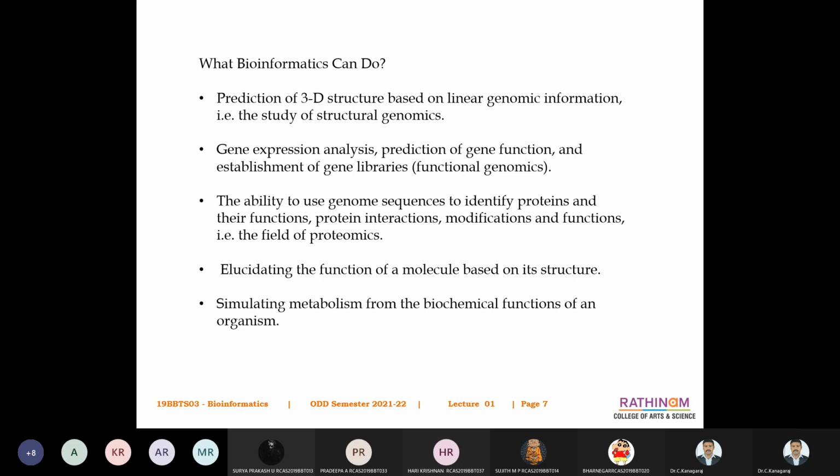And then elucidating the function of molecules based on the structure. So structure-based functions of molecules. ஒரு molecule ஓட structural based functions. Then simulating the metabolism from the biochemical functions of an organism. Biochemical functions.